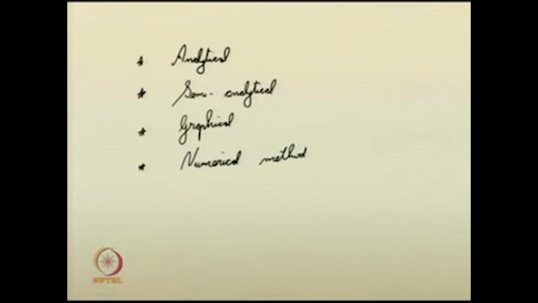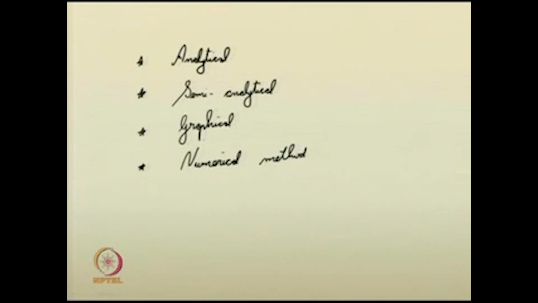If you have a sine function or an exponential function, and the integrated values are already available in tabular form, you can directly substitute. That is the approach used in semi analytical form.